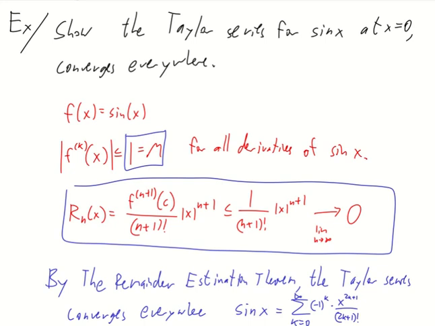All of those, it's just like when we took the derivatives for the cosine in that other video. All of the even terms disappear and we only get the odd terms left over, alternating in sign. So we have that the sine of x is equal to that by this remainder theorem.